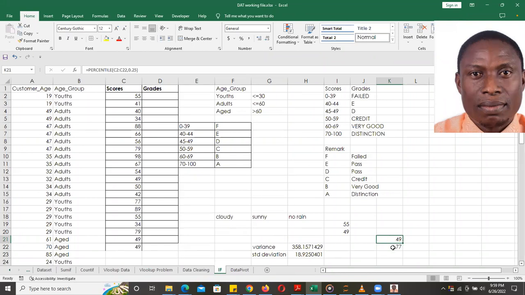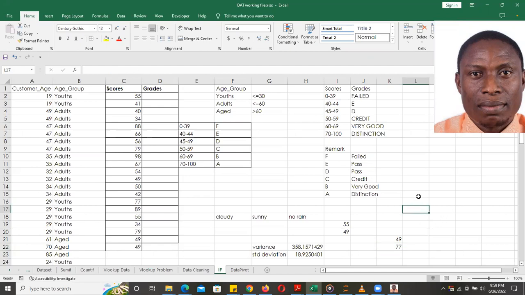You get 75% of this, but they call it the 25th percentile. So the 75th percentile is the same thing. It's just a terminology.